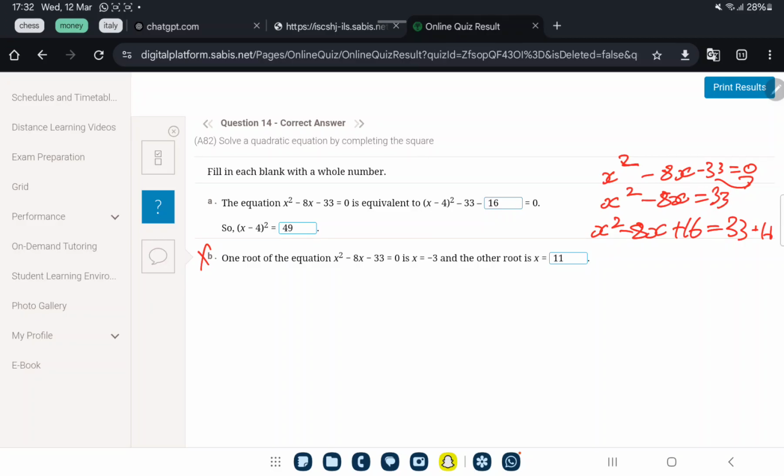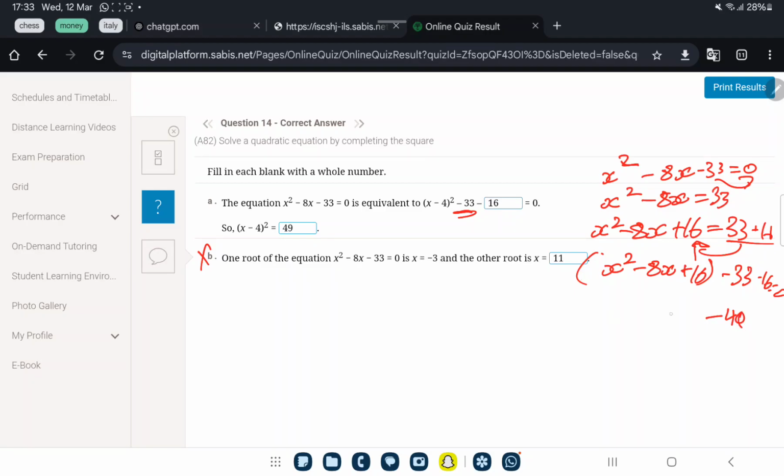But here they didn't want us to move it, they want us to keep minus 33. Either you can move it to the other side, just change the signs. X squared minus 8x plus 16 minus 33 minus 16 equals 0. Minus 33 minus 16 is minus 49.